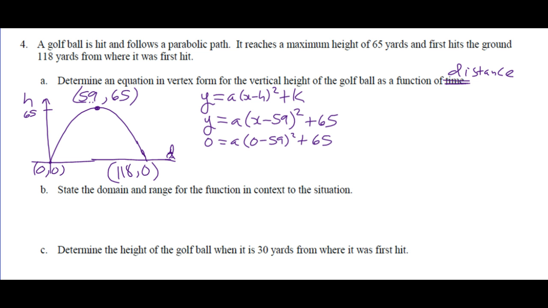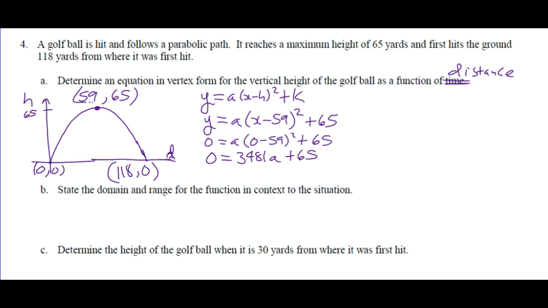And now we can solve for a. So 0 minus 59 is negative 59, and then we're going to square that, which is going to give us, what's 59 squared? I think it's 3481. Okay, so 0 equals 3481a plus 65. What do we know about a?